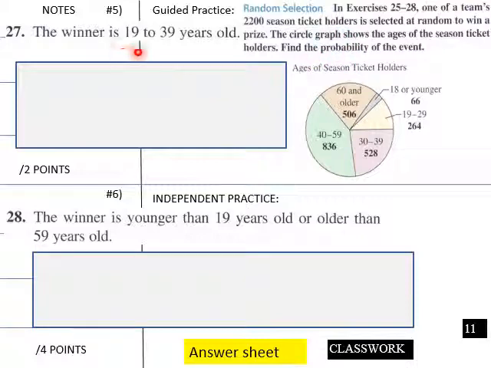One of a team's 2,200 season ticket holders is selected at random to win a prize. The circle graph shows the ages of the season ticket holders. Find the probability of the event. What is the probability that the winner is 19 to 39 years old, using this pie chart?